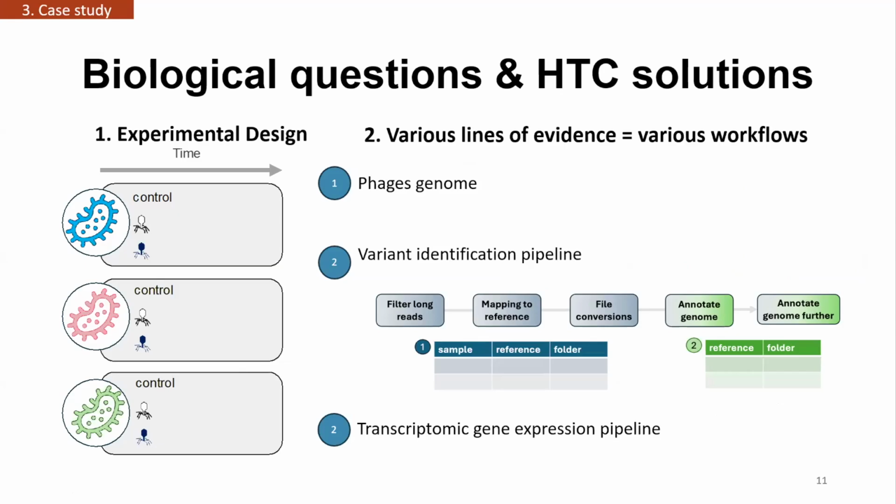And we made that flexible enough so that as the project evolves, the researchers can use the same template depending on their experimental design. And we also had to deal with various lines of evidence, which means various workflows, various softwares, and so on. And so we use DAGMan to try to connect all these pieces together. And we also created container images so that this was usable by these researchers.